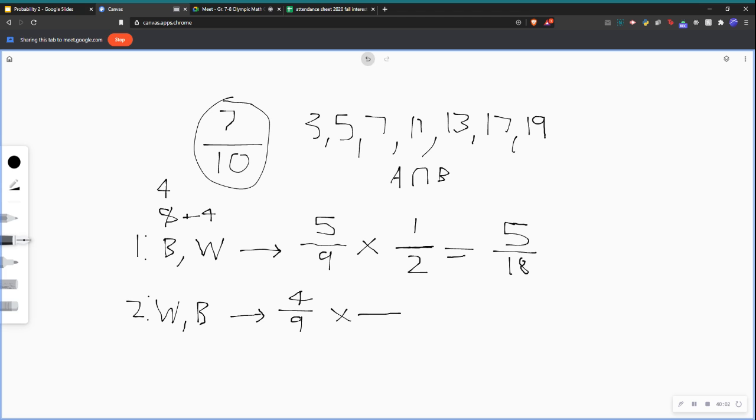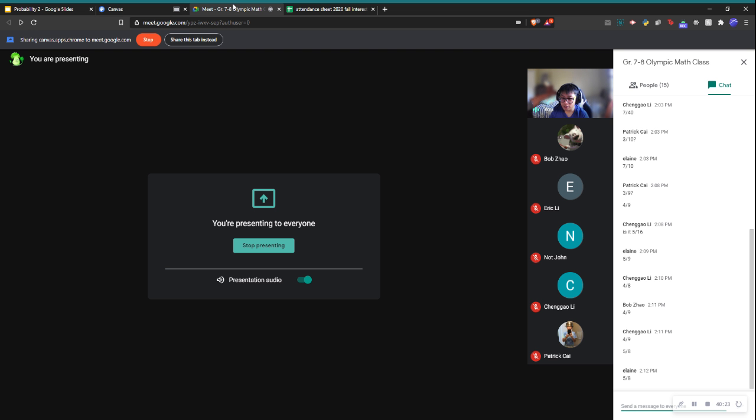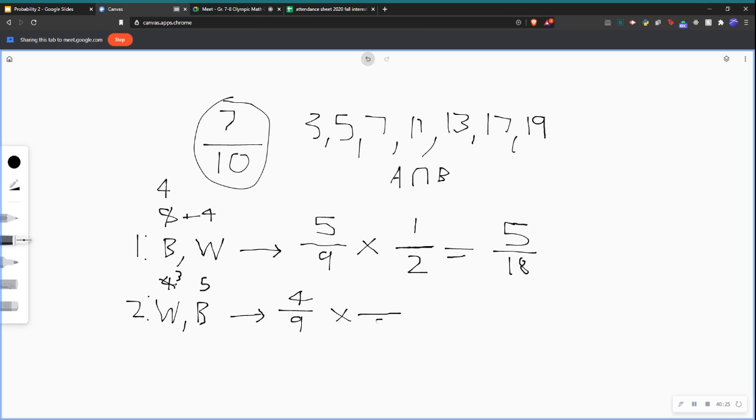And similarly, we have to multiply that with the probability that we get a black marble afterwards. So now someone tell me what the probability is of getting a black marble after that. So here I write down 4, 5. We decrease this number by 1 to get 3. So now what's the probability? Yep, Chen Gao is at 5/8.